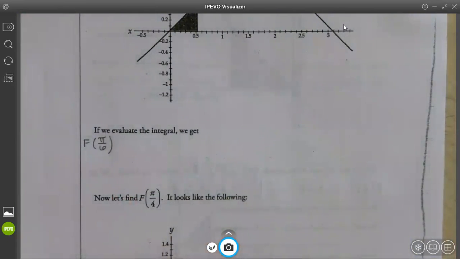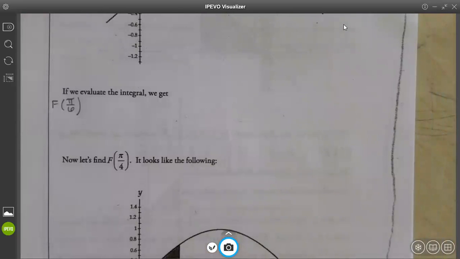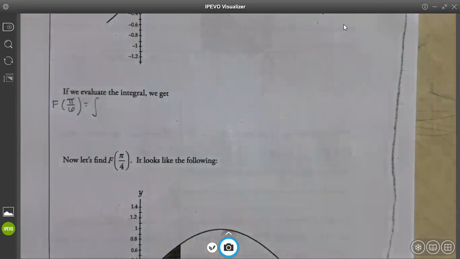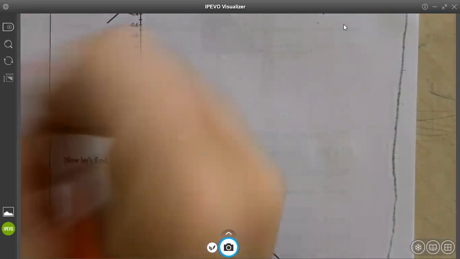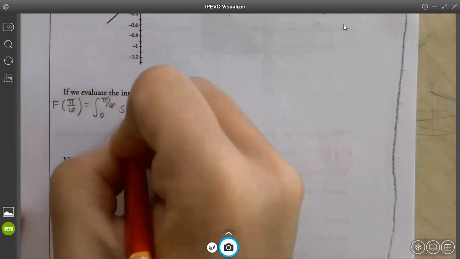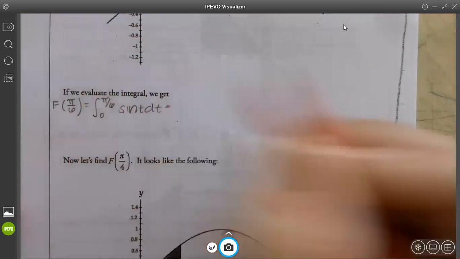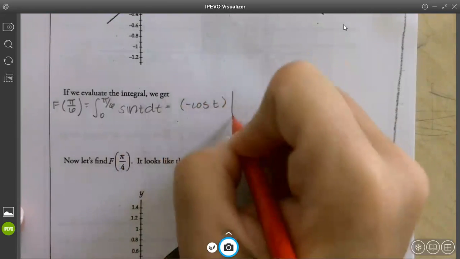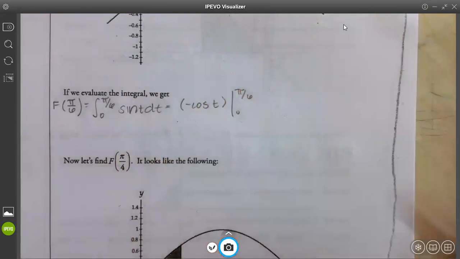Integration from, where do we start? 0 to pi over 6 of sine t dt. You said that was negative cosine t from 0 to pi over 6.